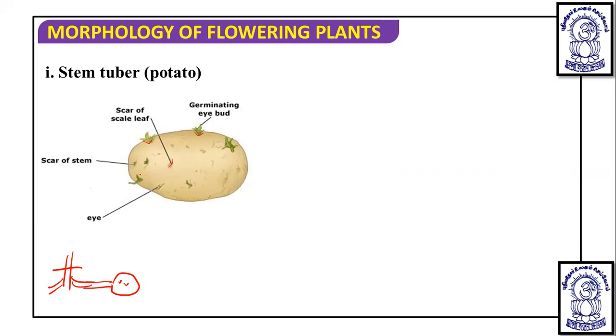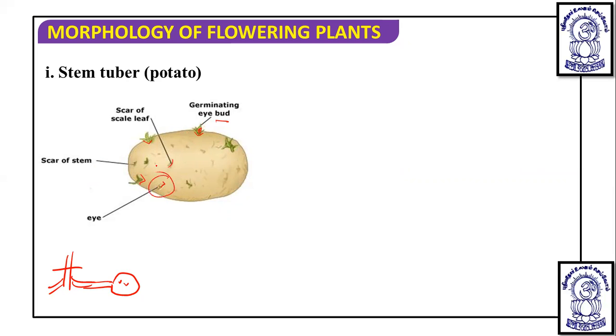These notches are known as nodes, and in the node you will find the axillary bud. That axillary bud germinates. So the node over which the axillary buds are present germinates to form a new plant.